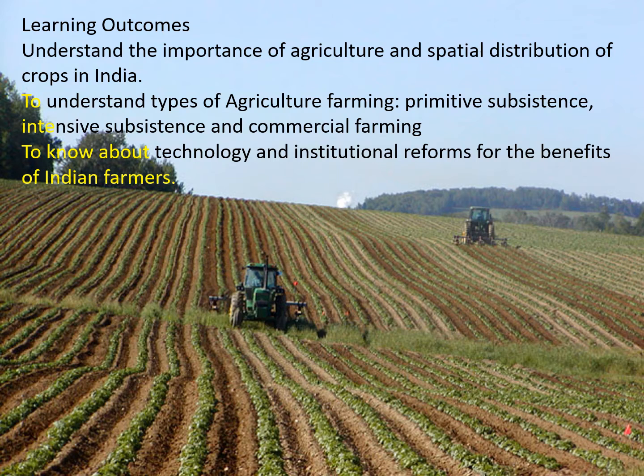I'm sure you've done them last time. And to know about technology and institutional reforms for the benefits of Indian farmers. So these are the three broad categories under which we need to study this chapter.